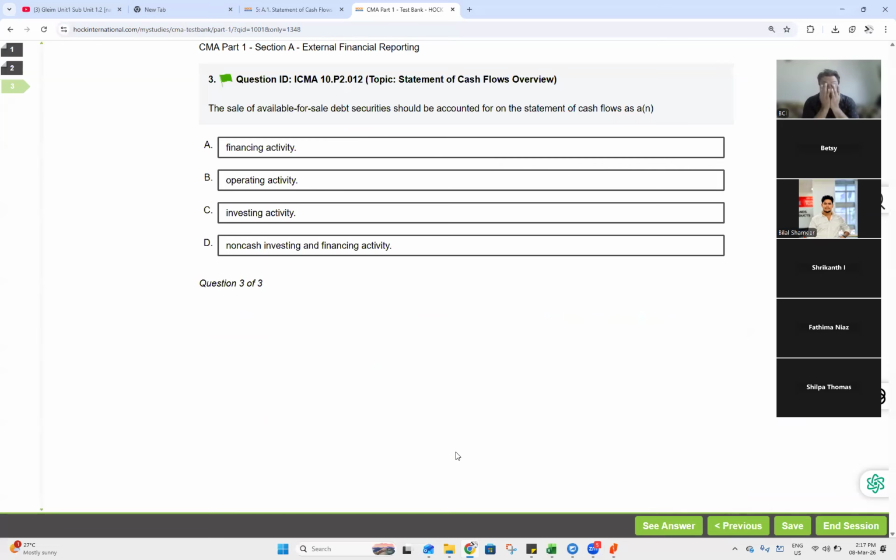The sale of available for sale debt securities should be accounted for in the statement of cash flow as what? Financing? It could be investing, right?